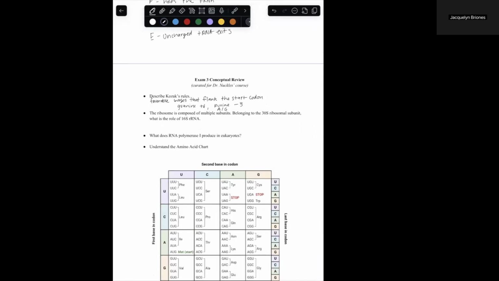Okay, the ribosome is composed of multiple subunits, belonging to the 30S ribosomal subunit. What is the role of 16S rRNA?